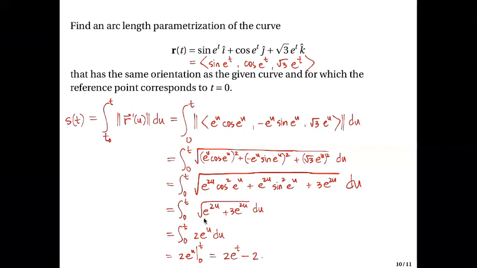S of t is equal to 2 e to the t minus 2. So let me rewrite that one here again. So s of t, this is 2 e to the t minus 2.